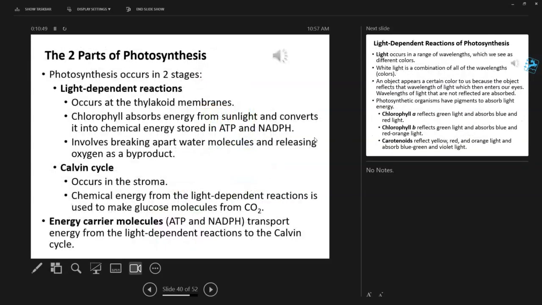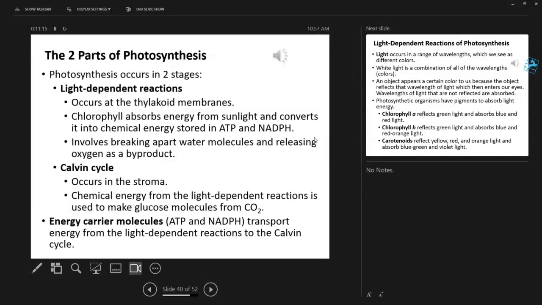Okay, so photosynthesis happens in two stages. For aerobic cellular respiration, we saw four steps. This we're going to divide into two steps: the light-dependent reactions and the Calvin cycle. The light reactions happen first, and then the Calvin cycle after that.